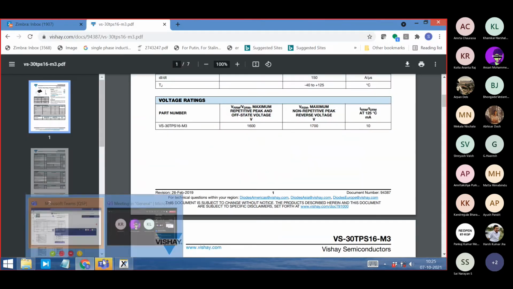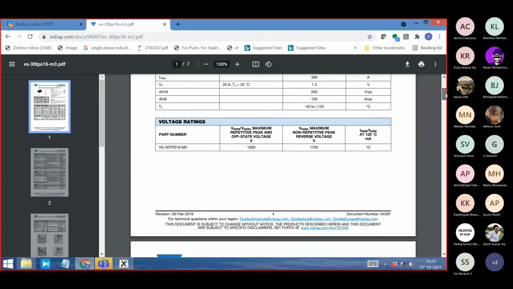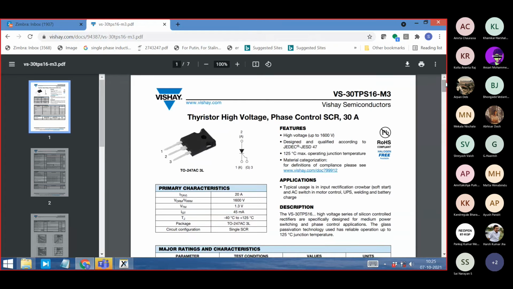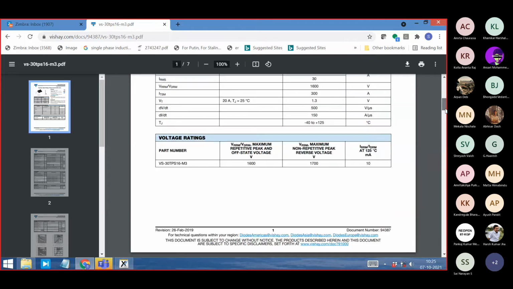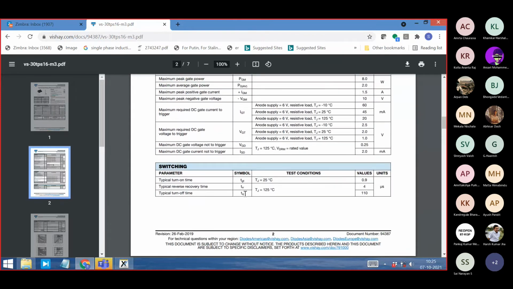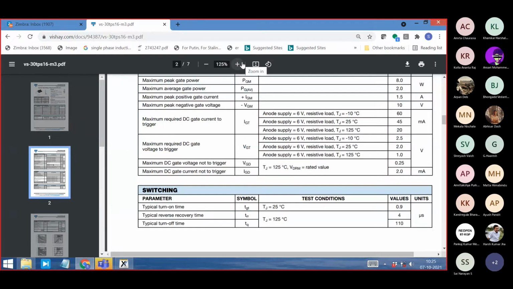Here I am quickly showing you the thyristor characteristics, and in the thyristor characteristics you can see that there is one value called TQ. Can you see that? Is it too small, or are you able to see that? Your eyes are better than mine. So TQ is written how much?